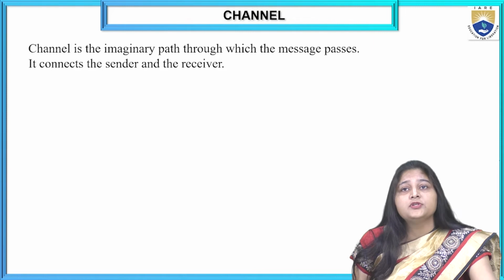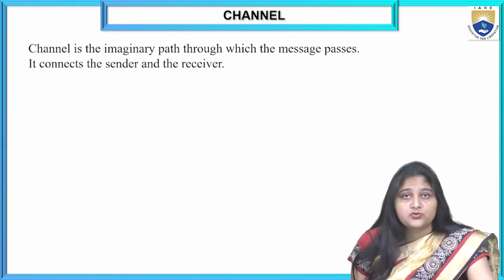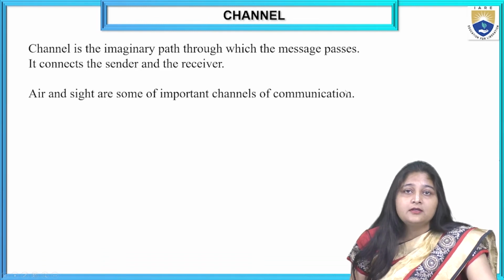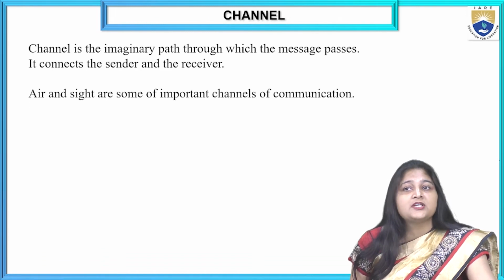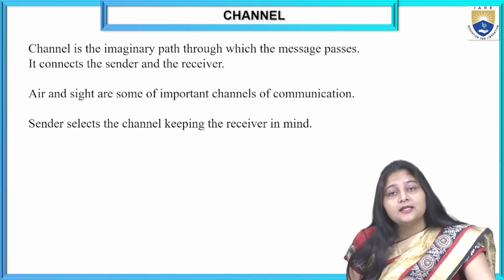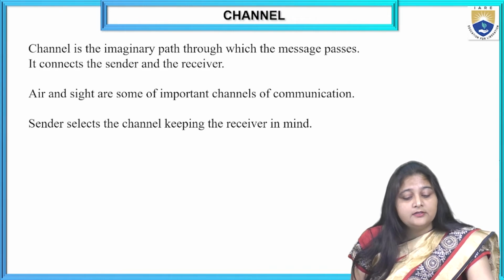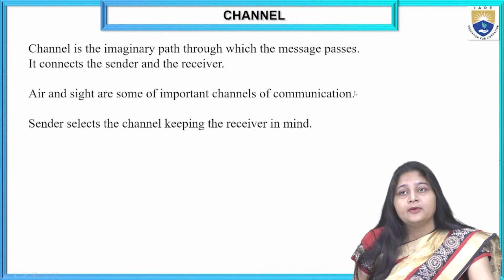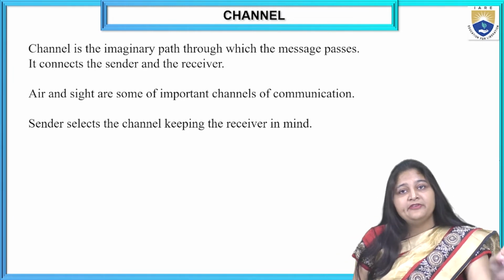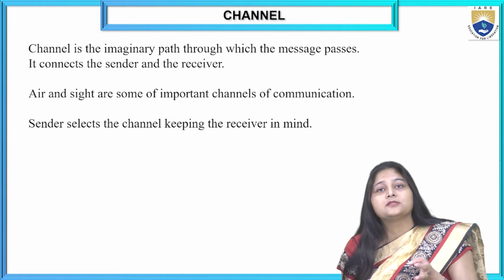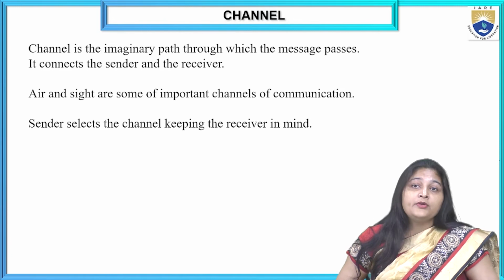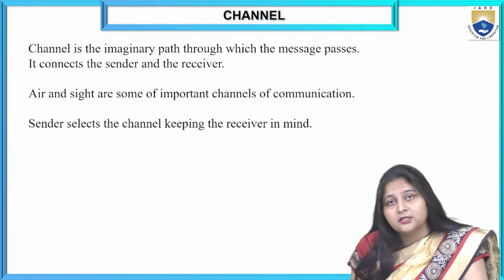A channel is an imaginary path through which the message is conveyed. It connects the sender and the receiver. Air and sight are some of the important channels of communication. The sender selects the channel keeping the receiver in mind. I told you earlier that we should always be very conscious about the symbols and the channels that we select through which we communicate the message.